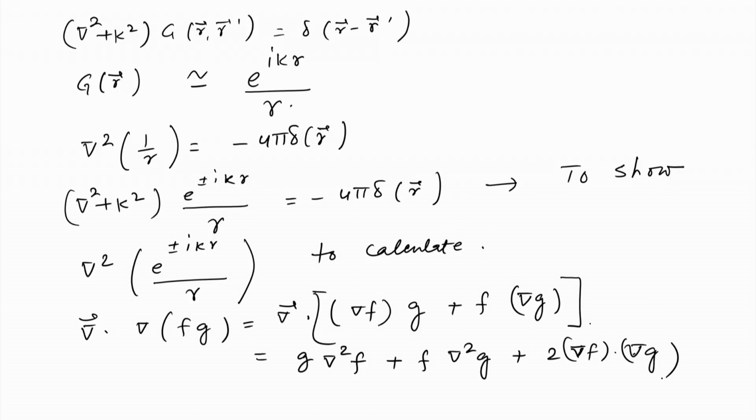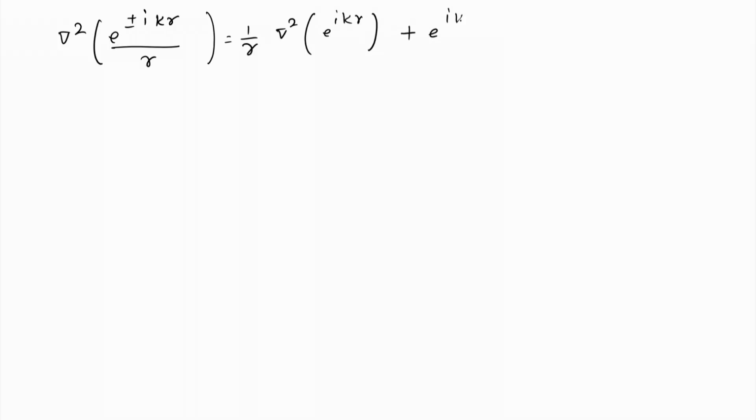So, we will apply this to these two functions, exponential i k r and 1 over r. So, del square of exponential plus minus i k r by r is equal to 1 over r del square exponential i k r plus exponential i k r del square 1 over r, plus 2 times gradient of 1 over r dot gradient of exponential plus minus i k r, and so on.